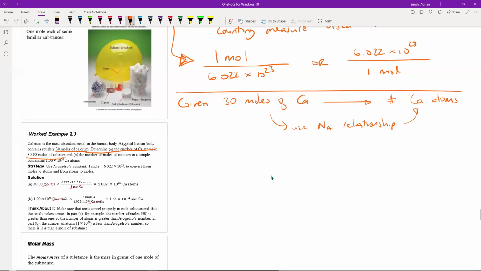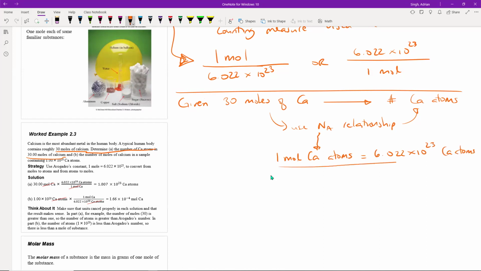So we can say then that relationship, and it's always the same relationship, 1 mole of something, in this case calcium atoms, so keep track of the units, just like we've done previously, is equal to Avogadro's number, 6.022 times 10 to the 23 calcium atoms.